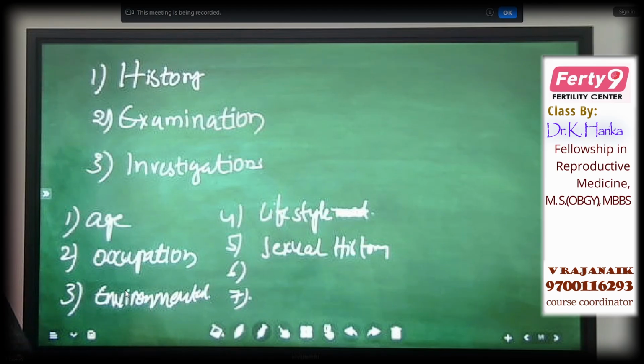Next is whether he is using any lubricants, because most lubricants are spermicidal, so we have to elicit whether he uses any lubricants during intercourse. And fourth is proper positioning, whether he is doing it in a proper position or not.